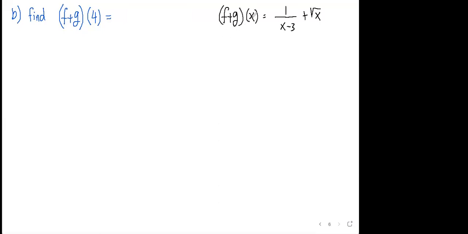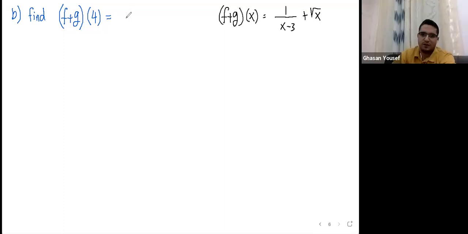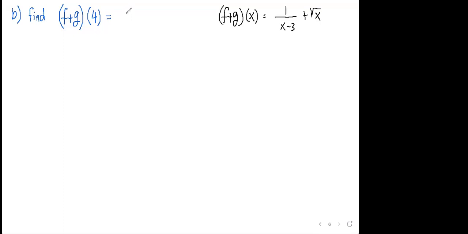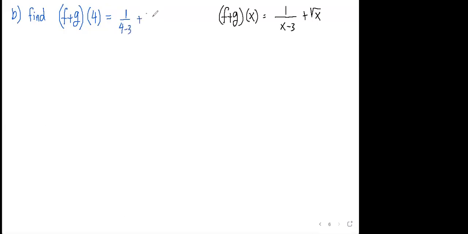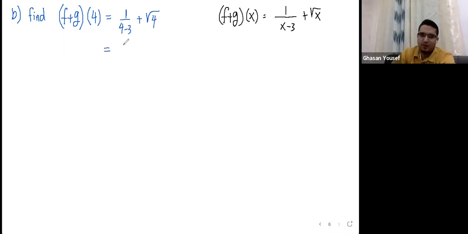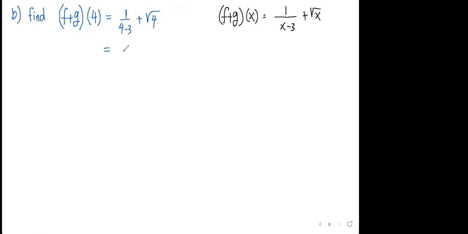The answer would be 3. How do you do this one? Well, first you plug 4 in. It would be 1 over 4 minus 3, plus the square root of 4. 1 over 4 minus 3 is 1 over 1, which is equal to 1.